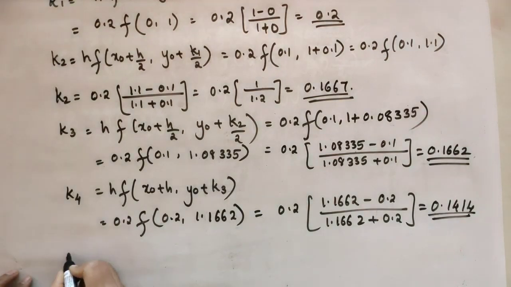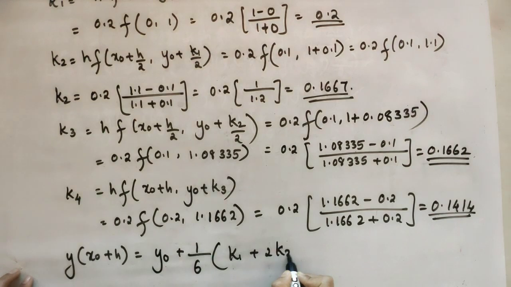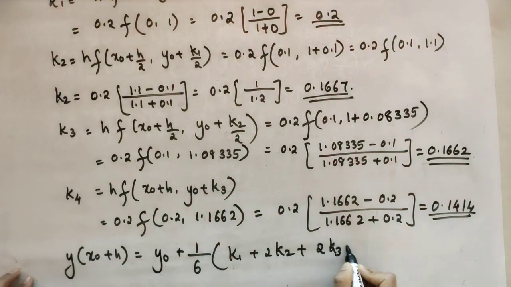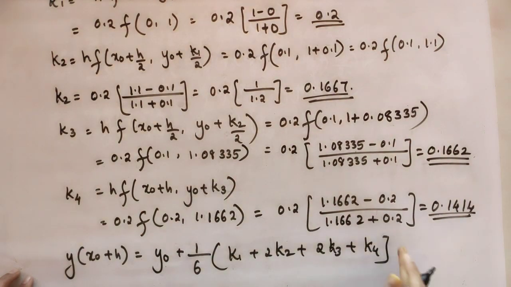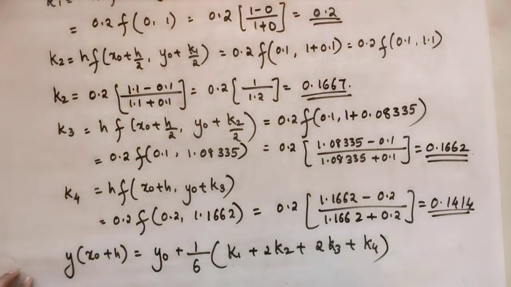Then I want the value of y of x naught plus h, which is y naught plus 1 by 6, as per the formula you are going to use: 1 by 6 times K1 plus 2 times K2 plus 2 times K3 plus K4. This was the final formula I had given you to evaluate the value of y at that point.